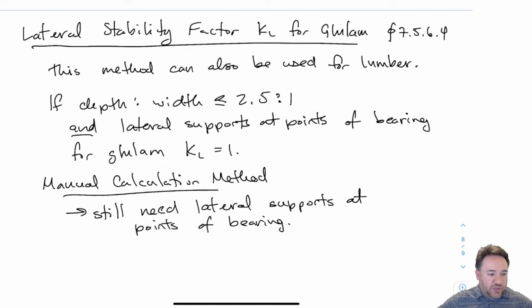Basically, we're going to have 3 different cases for KL, depending on a parameter called the slenderness ratio, which is analogous to the slenderness ratio that we had before, CC, which was the slenderness calculation for compression buckling of columns. In this case, we're going to have CB, which is a slenderness ratio for lateral torsional buckling of beams.